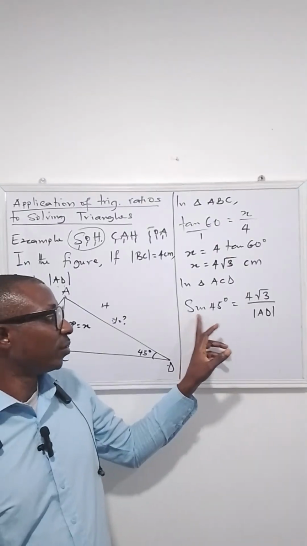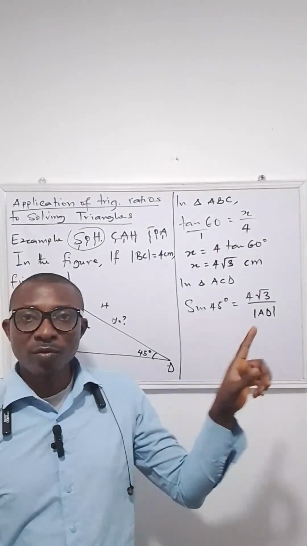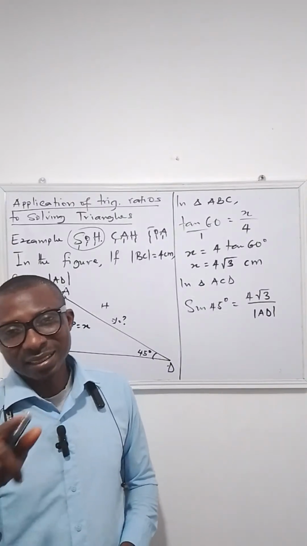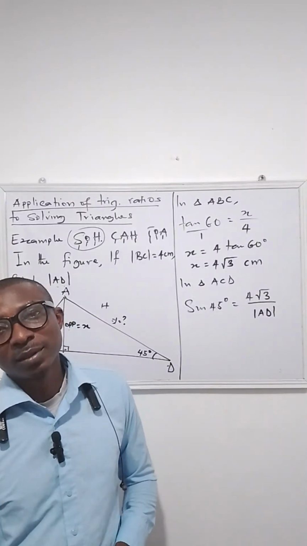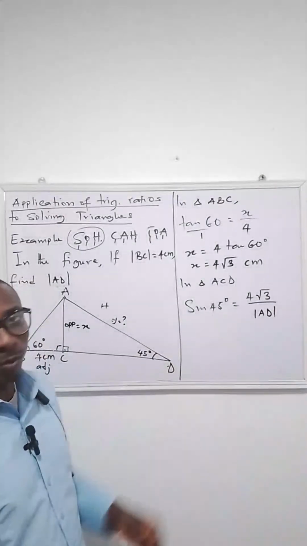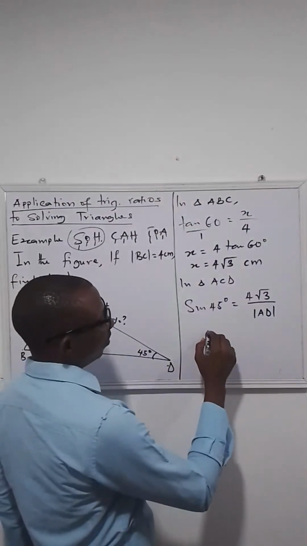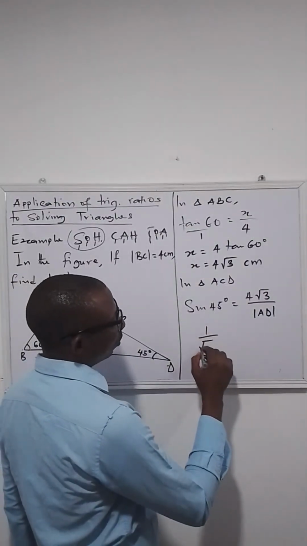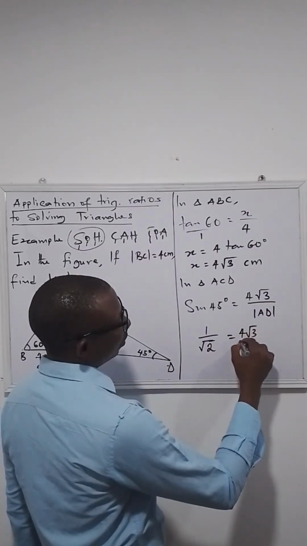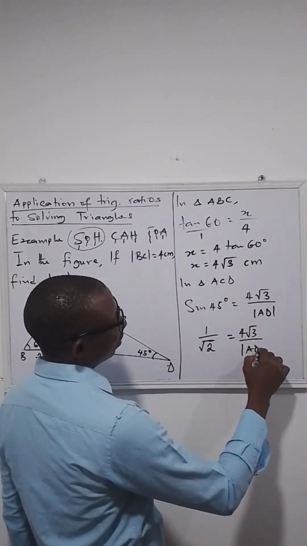Now, sine 45 is 1 over square root of 2. But tan 45 is 1. So what we are supposed to plug in here is 1 over square root of 2, equals 4 square root of 3 over AD.